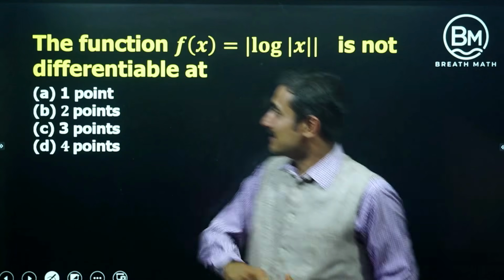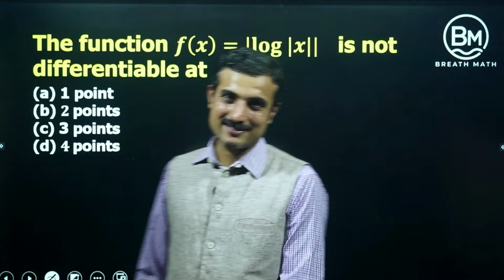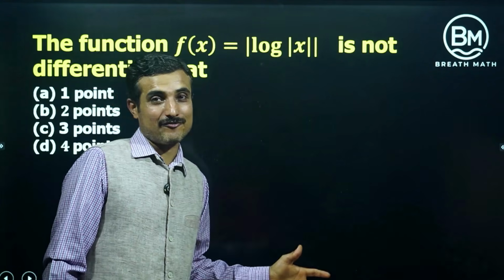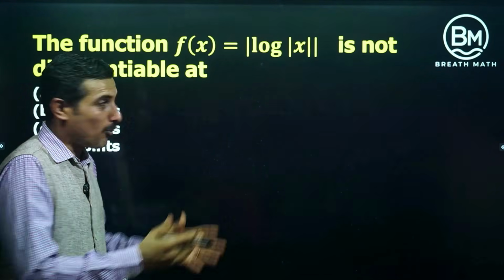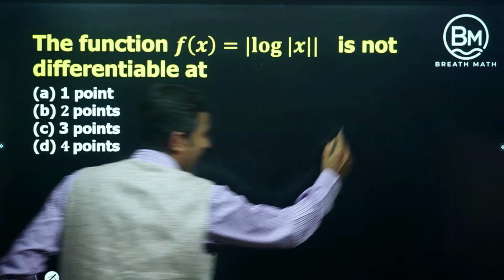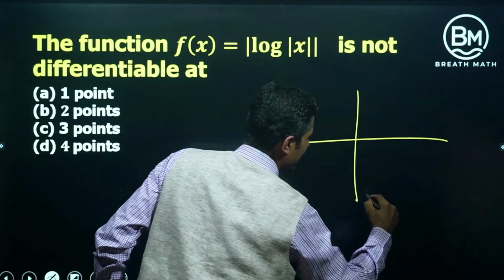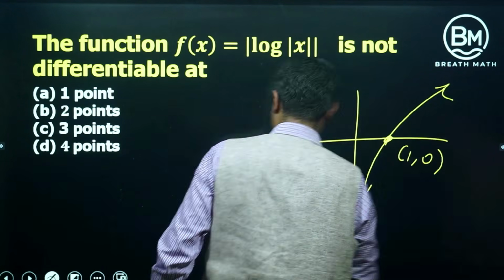Next, the function f of x equal to modulus of log mod x. How do you draw this graph? The modulus sign is appearing twice. So the graph of log x goes like this, passing through the point (1, 0).